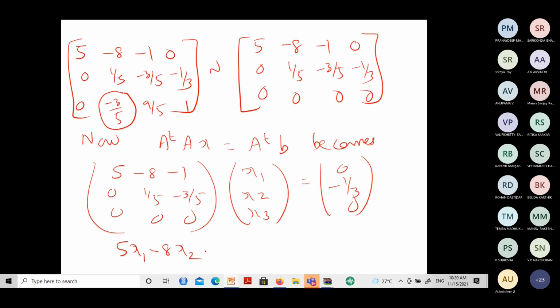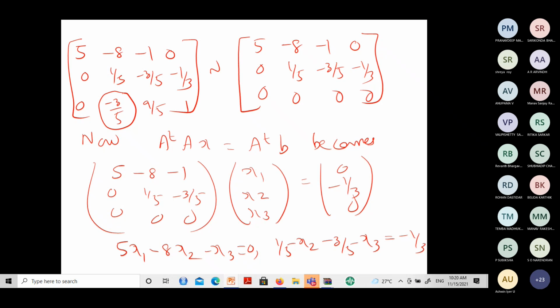So what type of solutions do you expect? How many variables are there? 3 variables. But how many non-zero equations are there? 2.